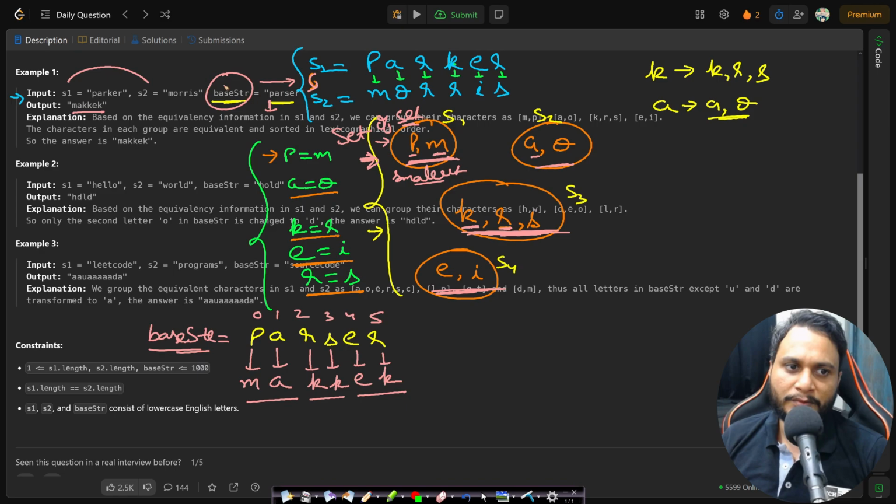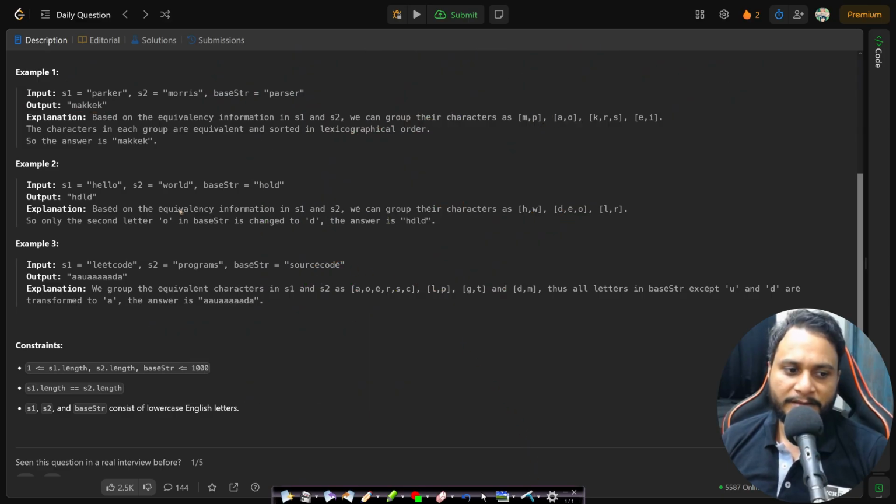That is how you can convert the base string to the lexicographically smallest string. If you were asked to do it for the lexicographically largest string, then you pick the largest ASCII value, right? So for maintaining set of set, you must be aware that we can use the disjoint set union find, isn't it? That is one of the best data structures to go for.